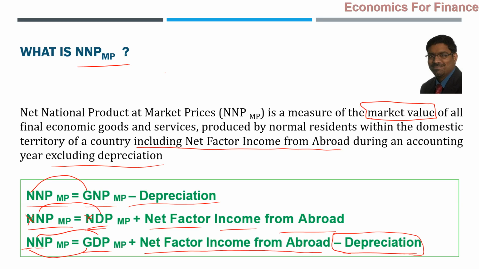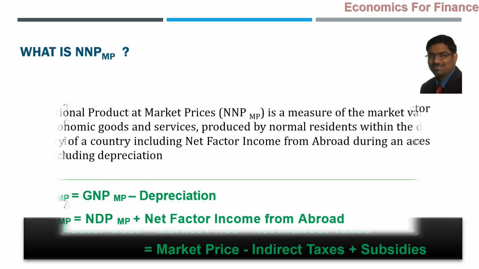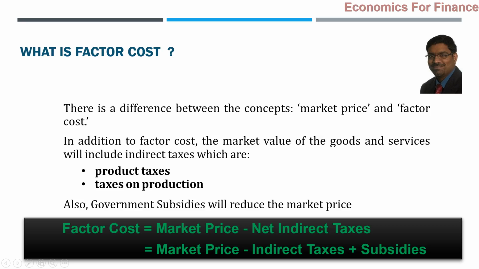Done. Now let us continue this to some other very important aspect. Factor cost. Market price is one expression that we have already known. Now, factor cost is something at which all the four things we have so far, GDP, GNP, NDP and NNP, can be expressed.